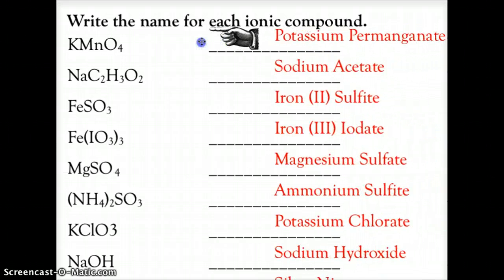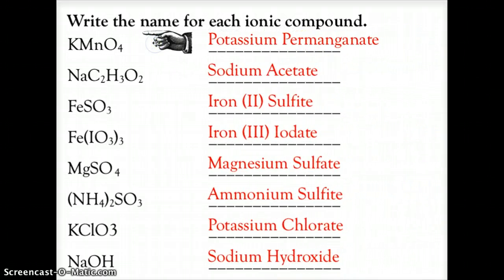KMnO4 is potassium permanganate. NaC2H3O2 is sodium acetate. FeSO3, because the SO3 is minus 2, that means the iron here is plus 2, that's why it's iron(II) sulfite.